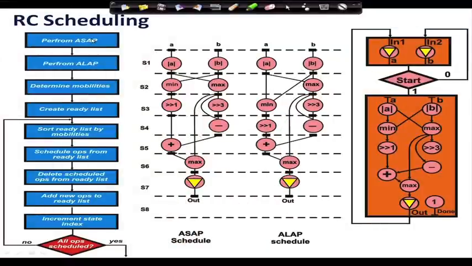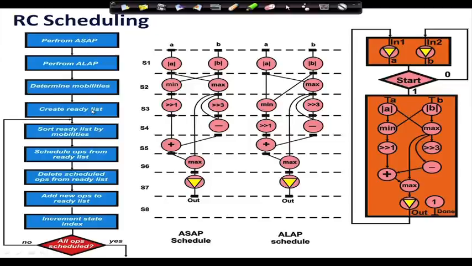What is being done here? First, I am performing the ASAP, I am performing the ALAP, and then I am finding out the mobilities. So, I do the same thing that was shown in the earlier slide, that I am finding the mobilities of max, min, everything, and then create a ready list.